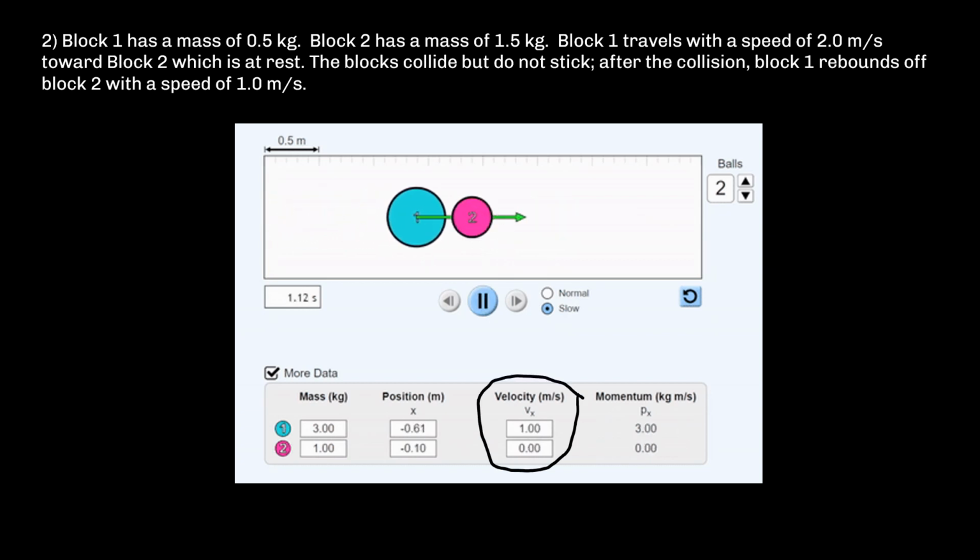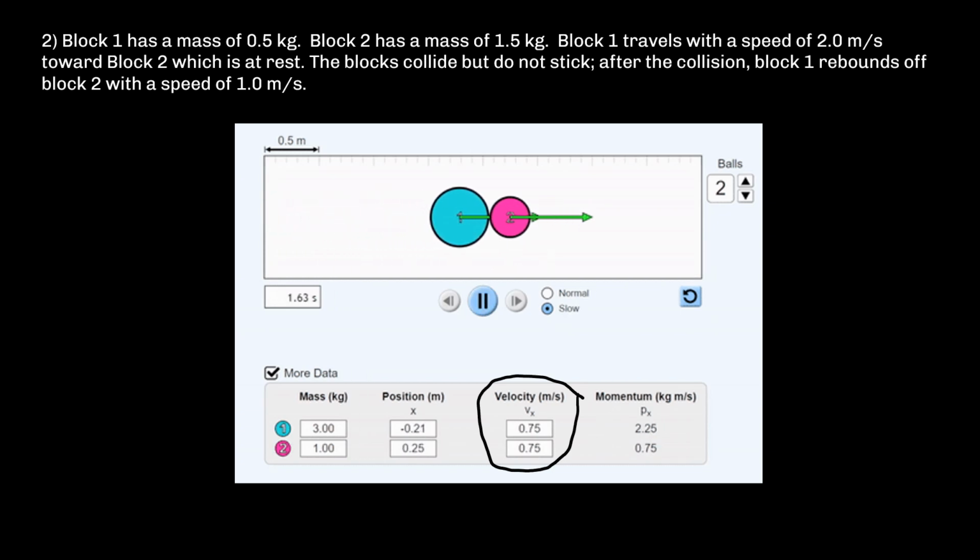I'm going to have this in the description down below or pinned as a comment so you can test this out yourself. But when you do, you want to make it fully inelastic so they don't bounce off each other. If you do this, you're going to get that the velocity of both objects as they move as one is 0.75 meters per second.